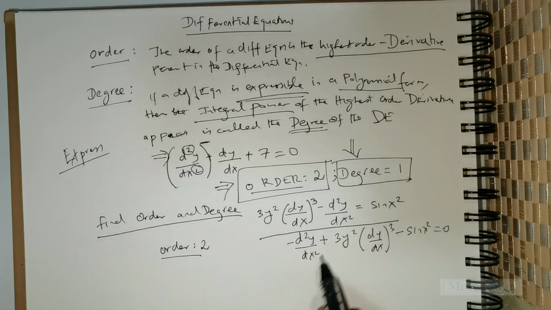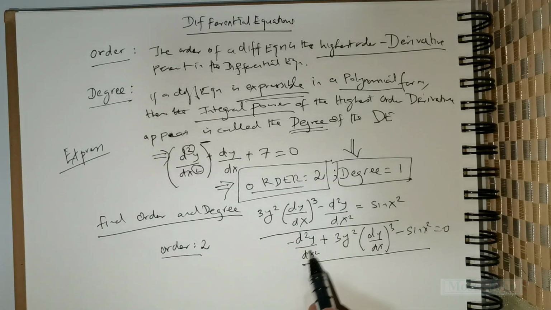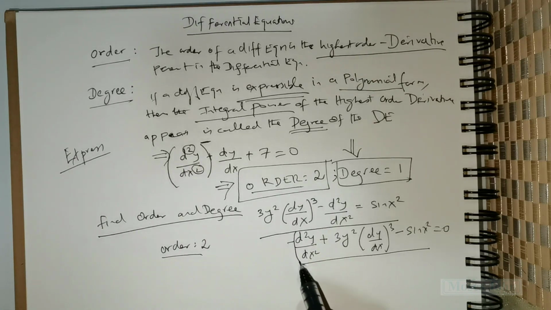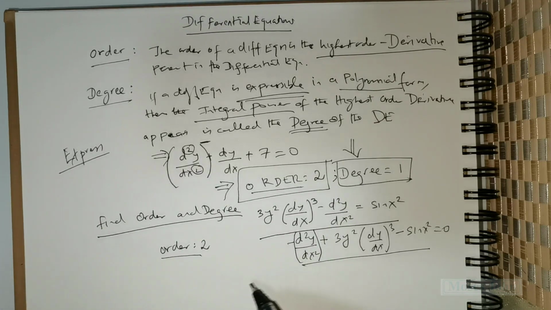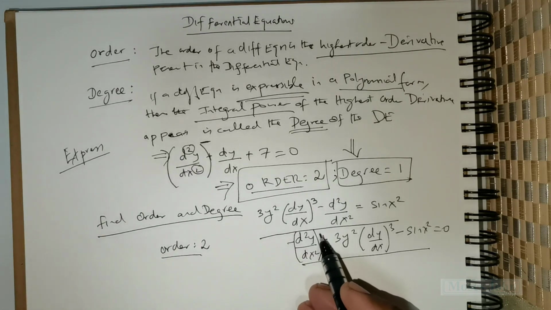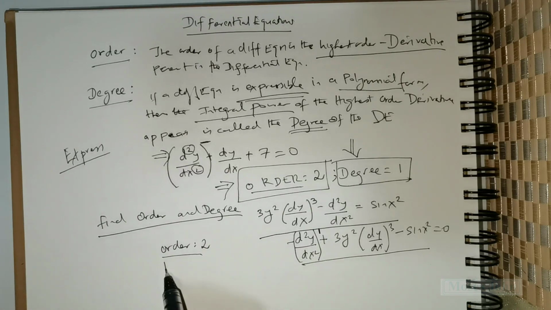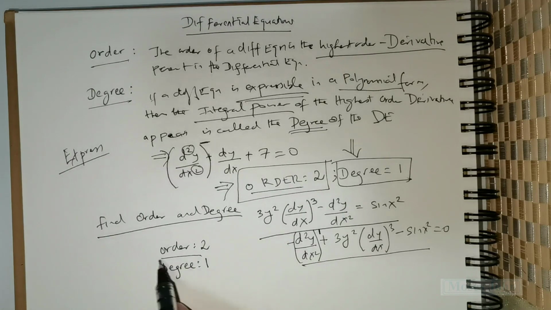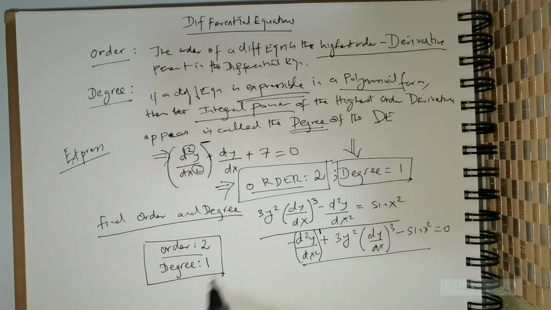So you should always be able to represent the given differential equation in polynomial fashion, with the first term being the differential term that involves the highest order. So it is expressible perfectly in a polynomial form. Find the quantity in which this differential is raised, the power. In this case the power is actually 1. So that gives you the degree. So the degree is going to be 1. This will be the solution for this question.